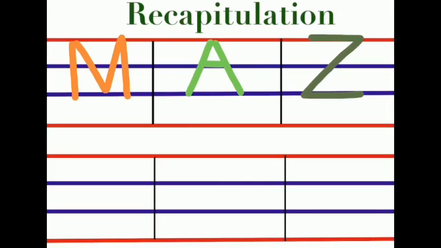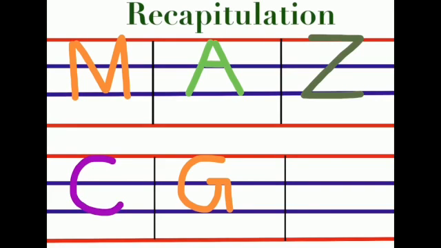And next is C. Keep the pencil just below the red line, a curve, come down, touch the third line and stop. And the next letter is G. Keep the pencil just below the red line, a curve, come down, touch the third line, go up, then a small sleeping line and a standing line.